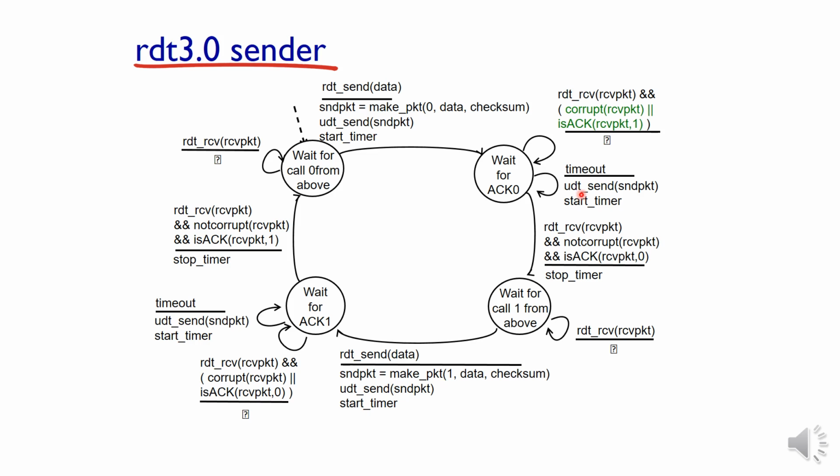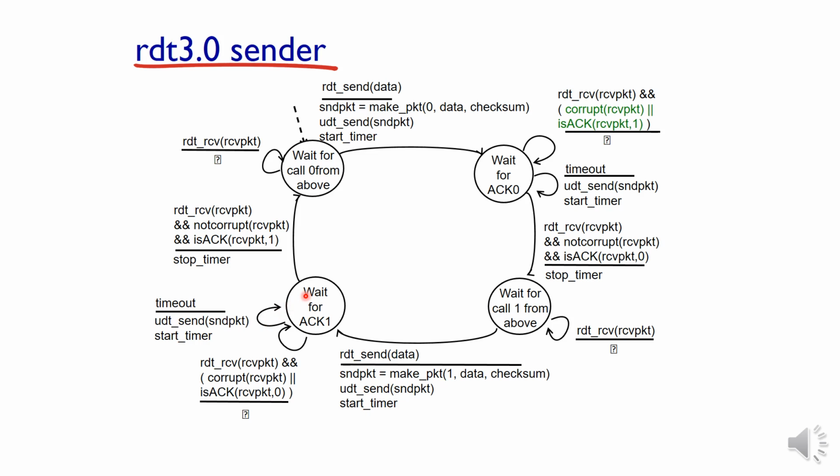At that time the same packet is sent and the timer is started again. The same scenario is here also. Acknowledgement 1 is no longer arriving, it is waiting for a long period of time. Then the timer expires and the same packet is sent, and again the timer is started for the next acknowledgement receipt.